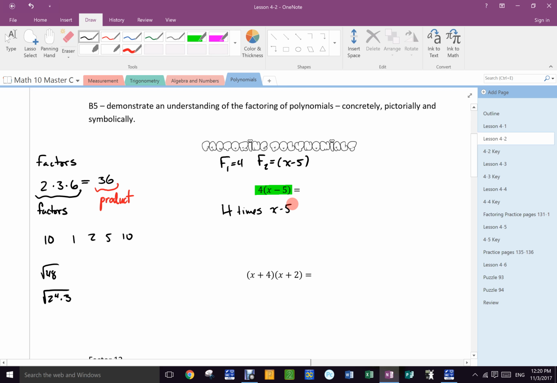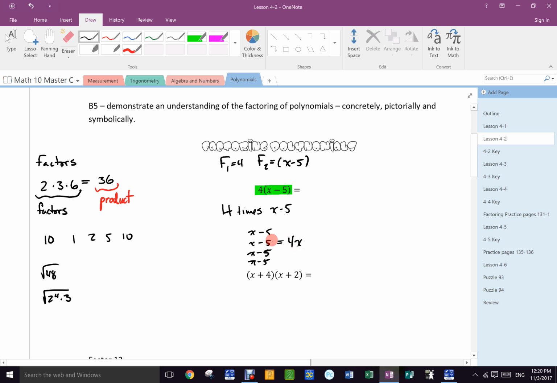So if we were to draw this, and we're not going to draw the blocks, we're going to say, okay, if I need 4 x minus 5s, well, there's 1, there's 2, there's 3, and there's 4, yes? So how many x's do I have there? 4 x's.